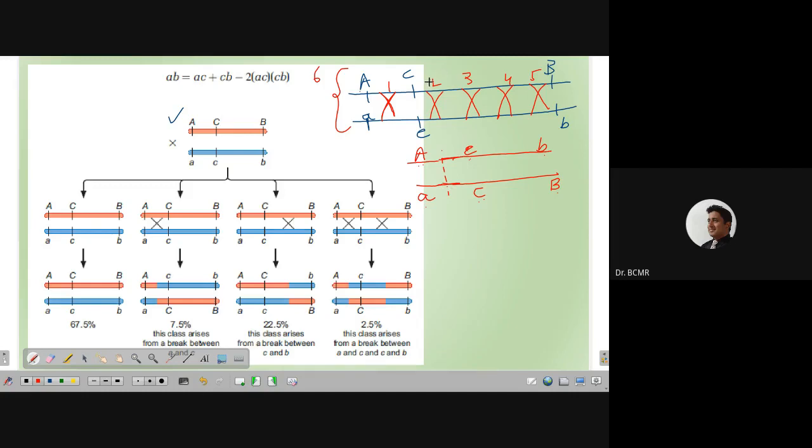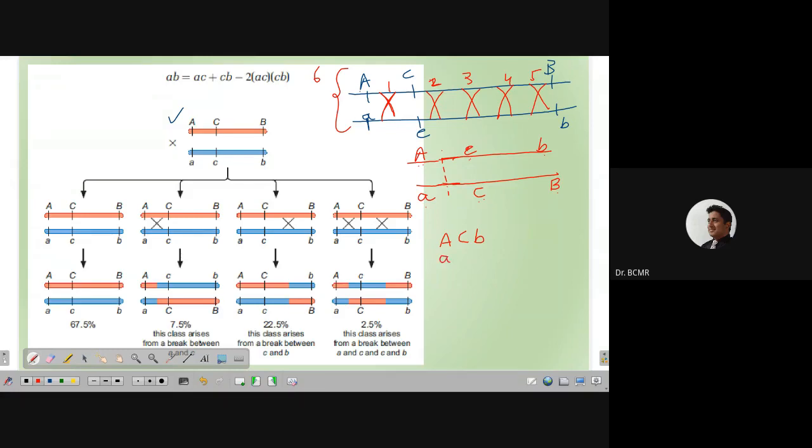Now let's also try to do the same for 2, 3, 4, 5. We are not going to draw lines, right? What would happen then? Capital A, and this is capital C, and what would have happened if the exchange had happened like this? It would have become small b.